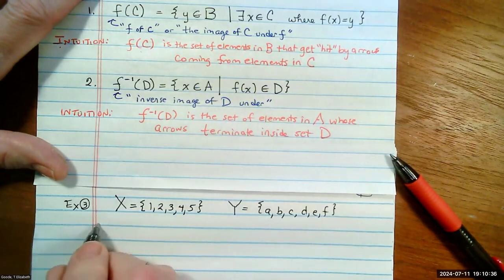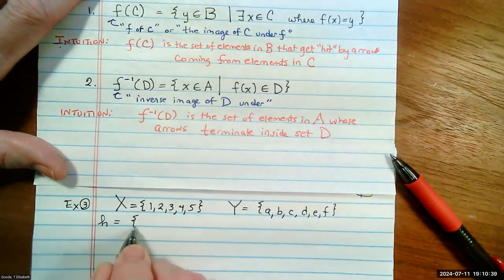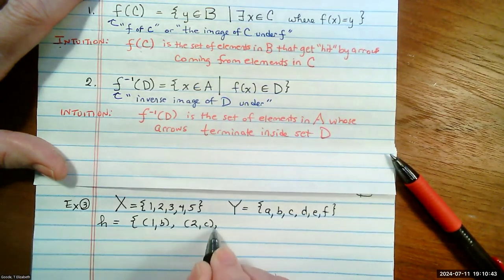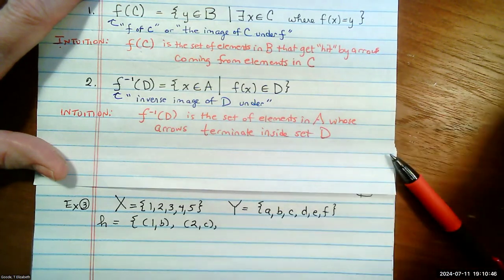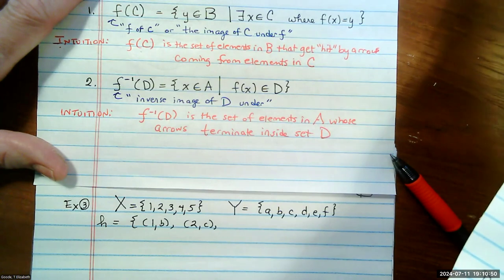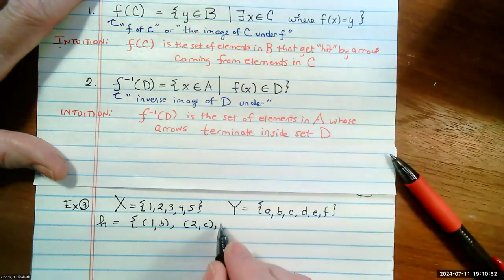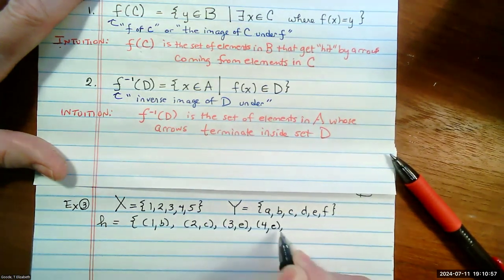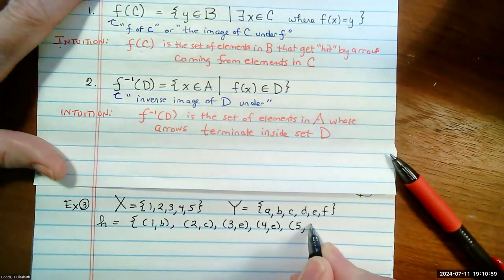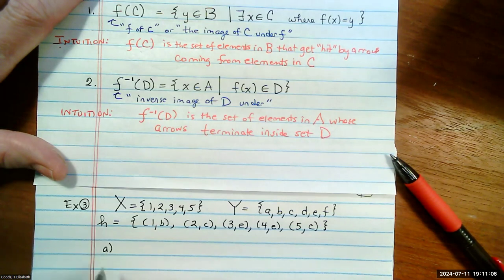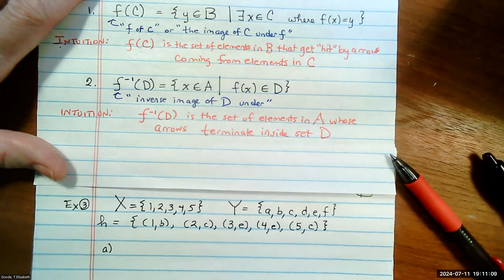All right, so remember H was this set. 1 went to B, 2 mapped to C, 3 mapped to E, 4 mapped to E, and 5 mapped to C. Oh, a picture might be good.